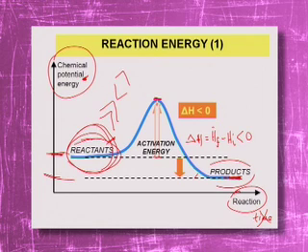Now, what has happened here is that during the reaction, in going from the reactants to the products, energy has been lost. In other words, the products having less energy than the reactants means that some energy must have gone out into the environment. It's never destroyed, but it could be lost to this particular chemical reaction. That means heat is evolved during the reaction.